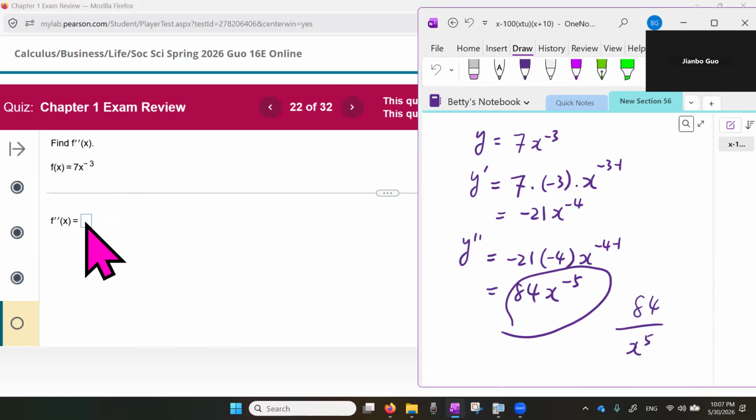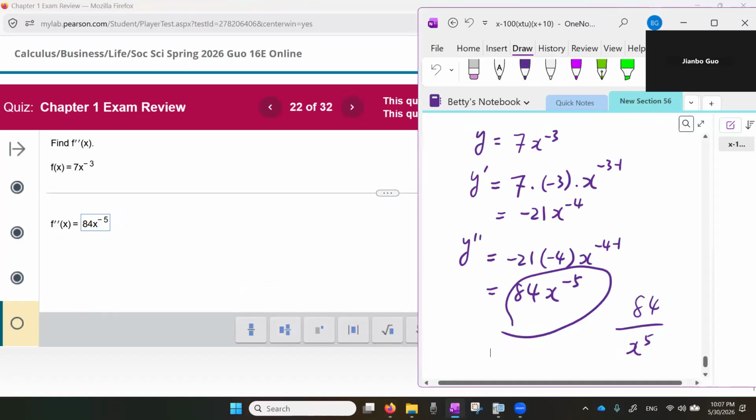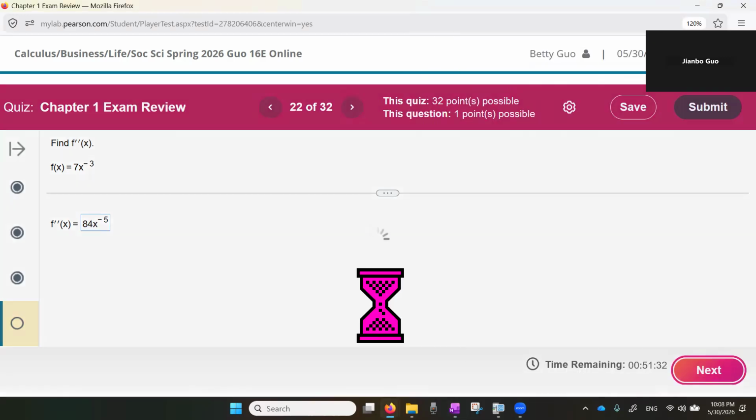So 84x to the power of -5. Yep, that is correct. Next.